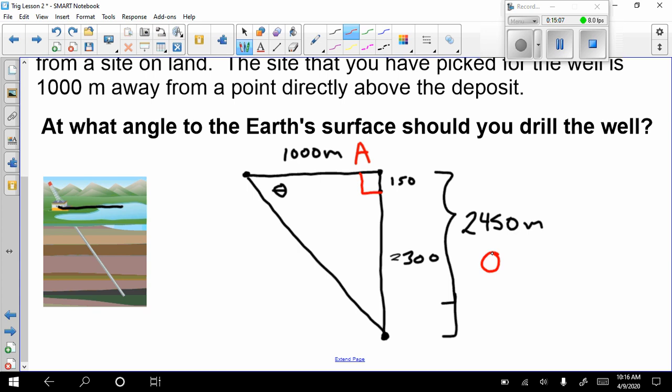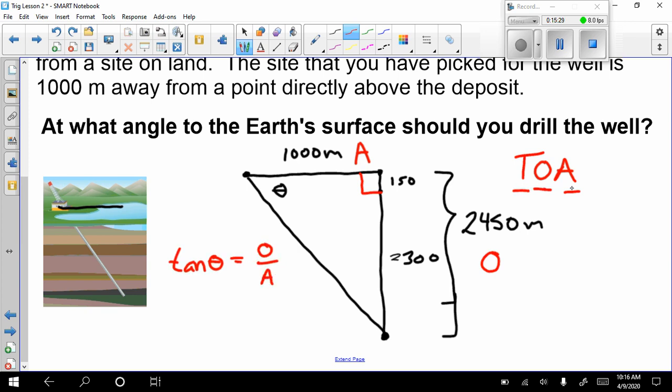Okay, so do I use SOH, CAH, or TOA? Well, of course, I think you guys would all recognize I'm going to use TOA because it's got the O and the A. I don't know anything about the hypotenuse in this case. So watch this. I am going to write tan of theta is equal to opposite over adjacent.